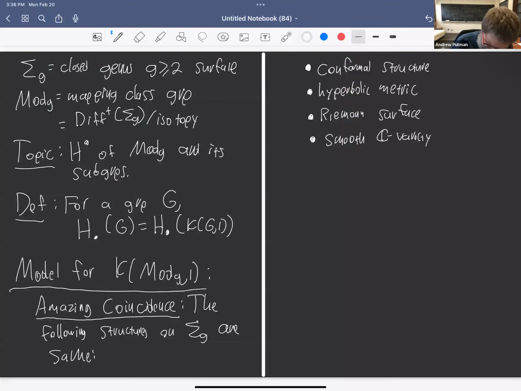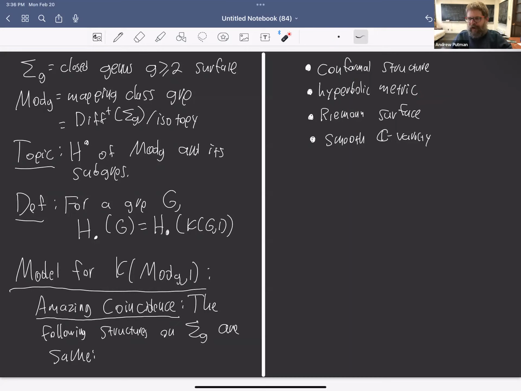As an example, let's say that I wanted to get from a hyperbolic metric to a Riemann surface structure. If I have any metric whatsoever, I can find what are called isothermal coordinates.